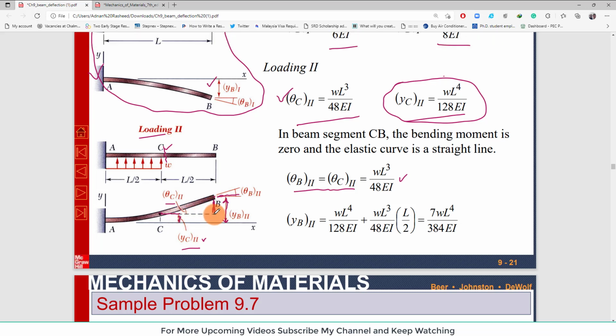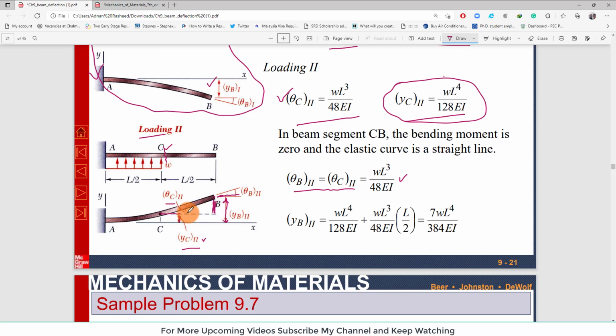So how will we find this perpendicular distance? You can see there is a triangle. I will draw a triangle, and this is theta C2. So you will take the tangent of theta C due to loading 2 equal to perpendicular over base. As this theta is very small, the tangent of theta is equal to theta C due to loading 2, equal to perpendicular over base.